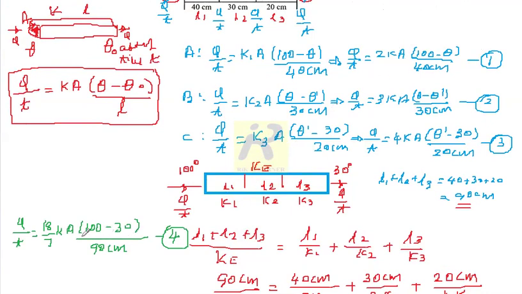Now I simply make use of this equation with equation number 1. Compare this equation with that equation, because the left hand side is Q divided by T, and in the very first equation also we have Q divided by T. Let us equate equation 1 and equation 4.